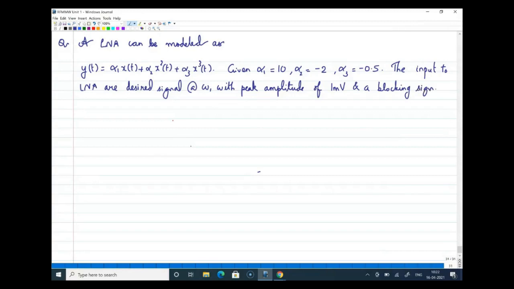It is appearing at a frequency of omega 2 with a peak amplitude of 2 volt.